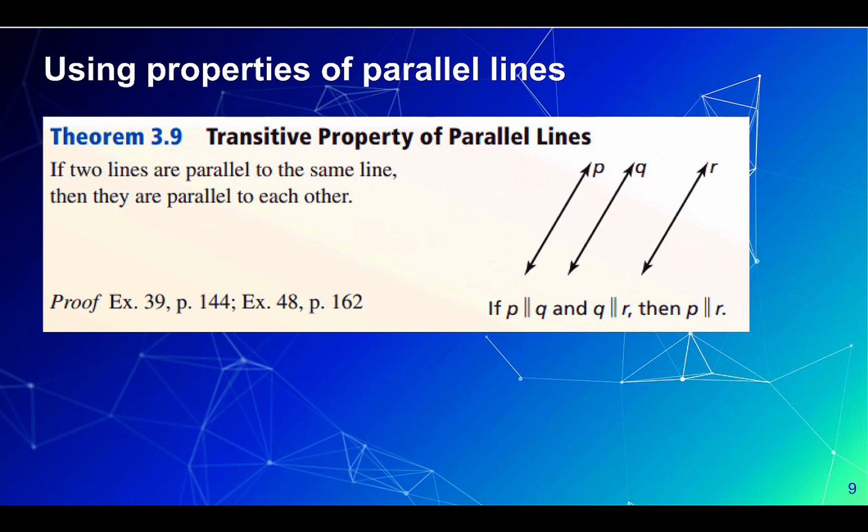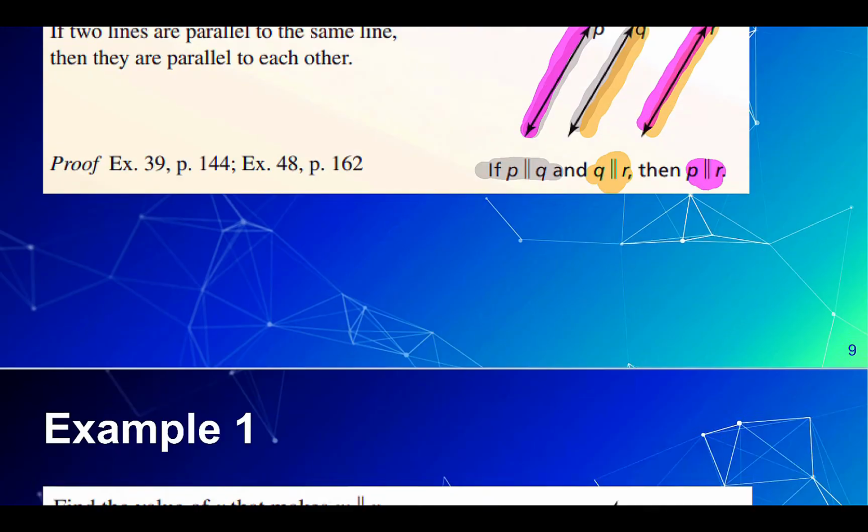So if P is parallel to Q, and Q is parallel to R, then P must be parallel to R. So if two lines are parallel to the same line, then they are parallel to each other.